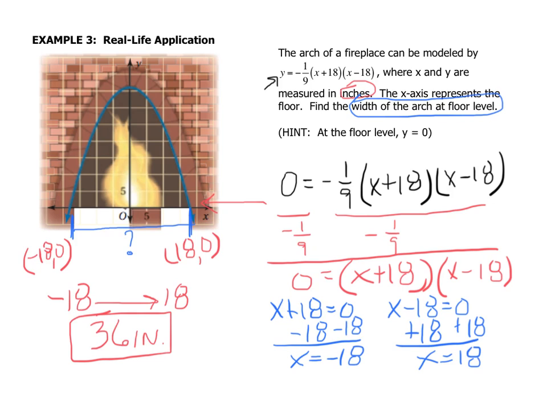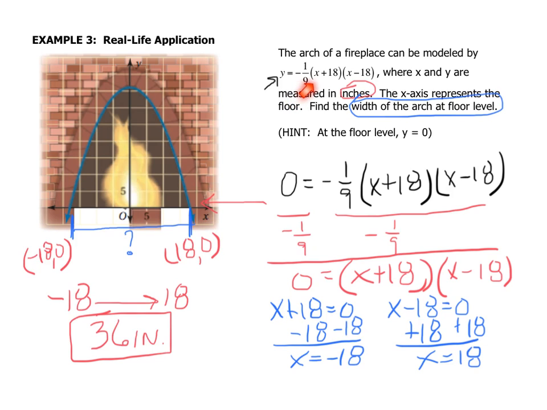Now as we go on further with all these different polynomials and eventually quadratics, I could also tell you the height of the fireplace at this point. We're not talking about that yet, but one of the things you'll want to start thinking about is what is the height. I can very easily still use this function looking for the height of this top peak here. I would do that by thinking about the x-axis and the y-axis, when x is 0.